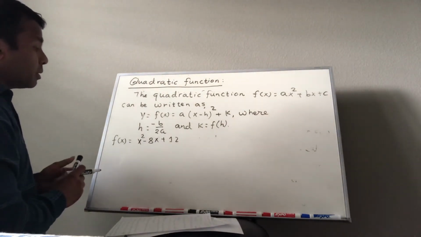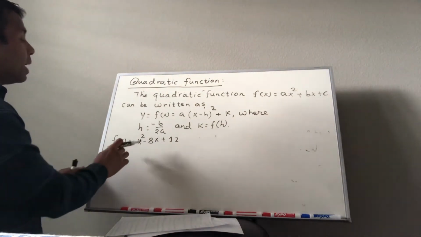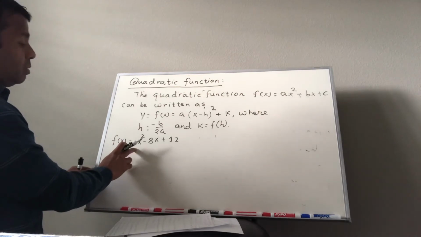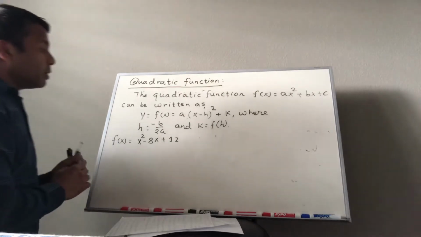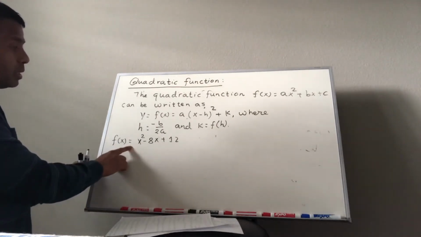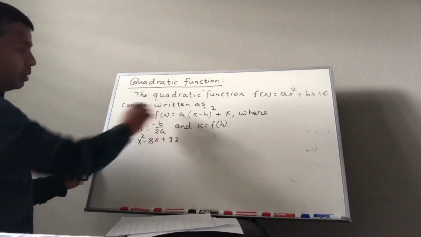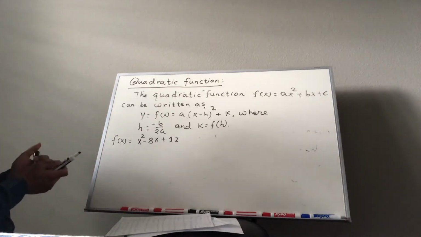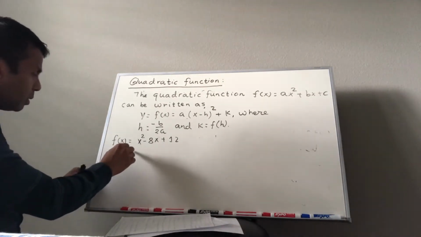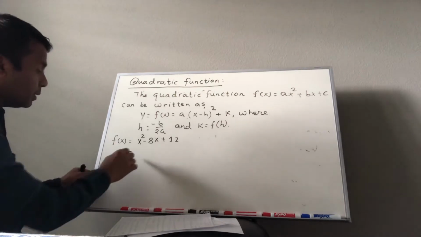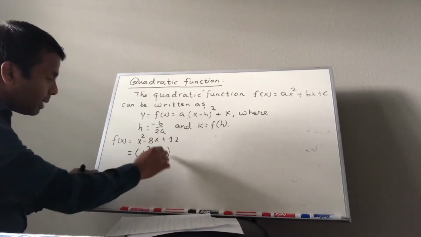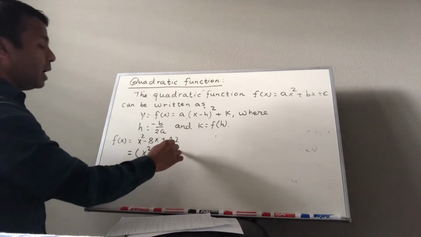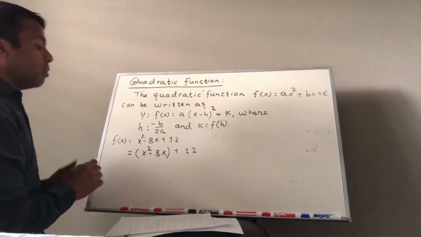So this is the quadratic function, and we can rewrite this into this form. So how can we do that? We group x squared minus 8x, and we write down the constant term 12 here.